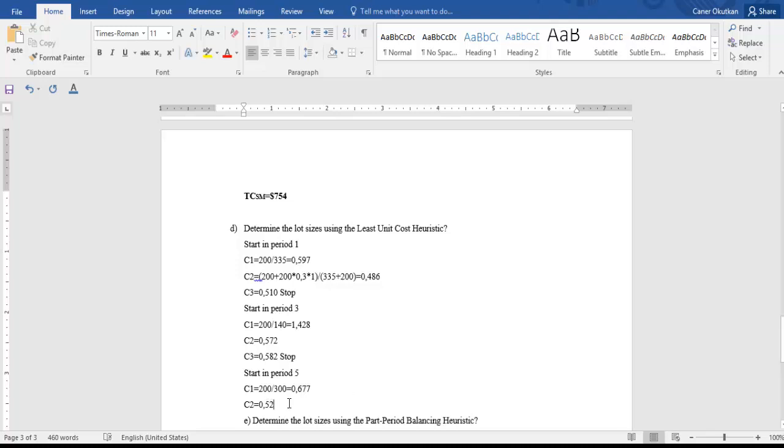So we can see the decrease. So our order point period 1, period 3 and period 5. So when we calculate total cost $852.